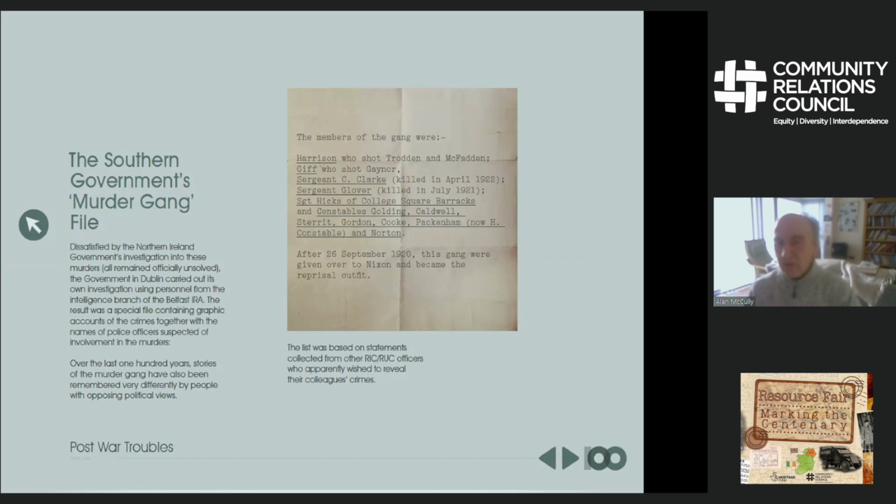But there's also evidence that was gathered by the Southern government. The Southern government didn't trust the Northern government's investigation, and instead they had their own people on the ground gathering intelligence. This is just an example of that, where in their files they have named the RIC officers that they attribute to being involved in the gang.